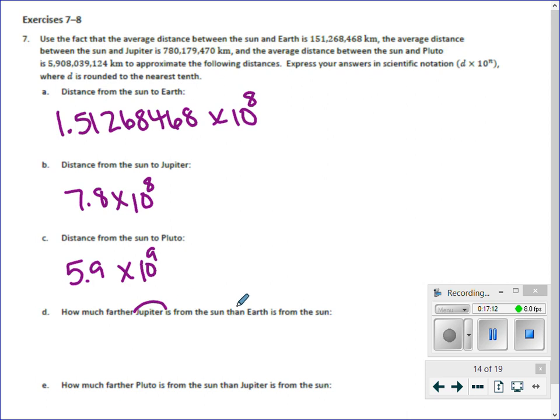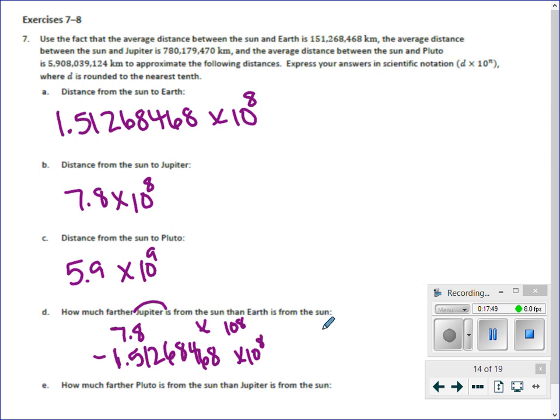Now, how much farther is Jupiter from the Sun than the Earth is from the Sun? So for these, we have to subtract them, and we're looking at Jupiter and the Earth. For Jupiter and the Earth, they are both 10 to the 8. So all you have to do is subtract 7.8 minus 1.51268468, and these are times 10 to the 8.